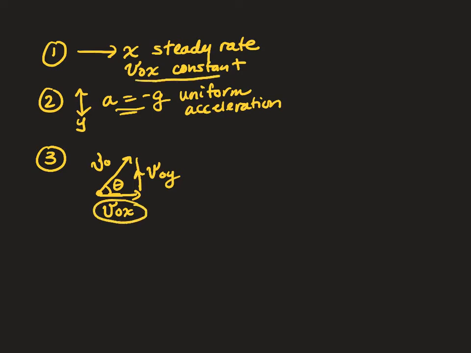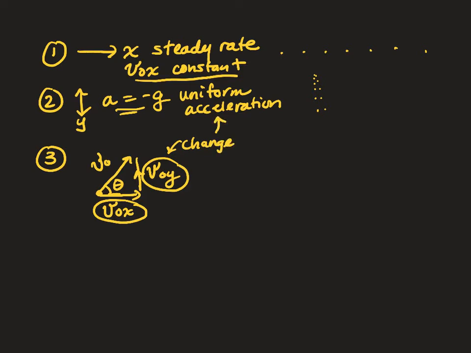It's constant. It'll stay the same and just march along forward like nothing's going on. This one, the vertical one, will decrease on the way up and then increase on the way down again. So this is the one that will change because it's accelerating. Those are the big takeaways.